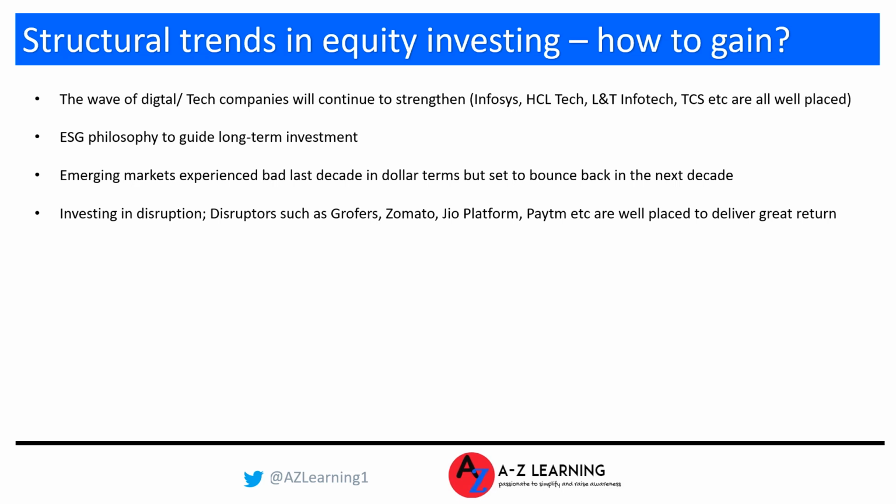Jio Platforms, we've already seen some of the trends, but I think still a lot needs to be tapped in terms of Jio Platforms. So again, future return looks very, very promising. Paytm is the other example, which is a fintech company. Paytm has the potential to disrupt many financial businesses, and it will force those businesses to really rethink their business model.